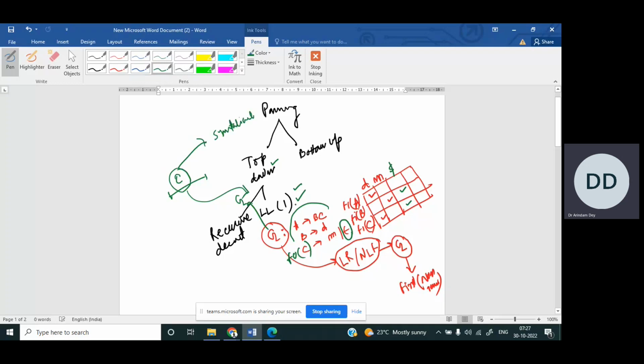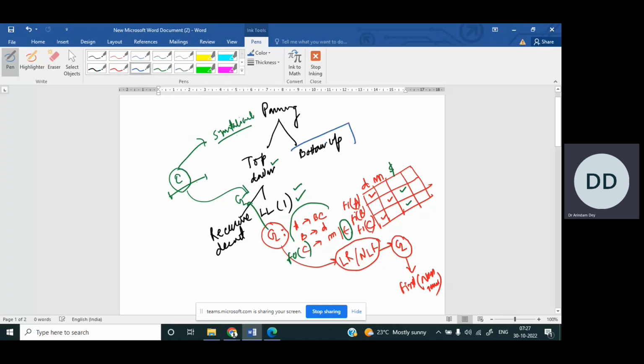I hope you can make a connection over here. So why do we need to check whether the grammar is LL1 or not? It is fit for top-down parsing, which in turn means it is error-free in terms of syntactical error, because the code is processed by the LL1 grammar. Okay, up to that we discussed.